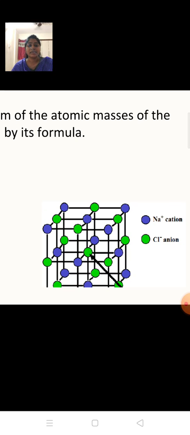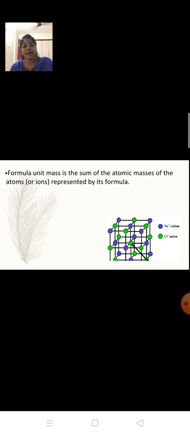This structure contains an equal number of sodium ions and chloride ions. In sodium chloride the ratio is 1:1. That is, for every one sodium ion, there is one chloride ion. That is why we have the formula NaCl. Because of that it has an electrically neutral charge. The charge is 0, and for that reason we use formula unit.